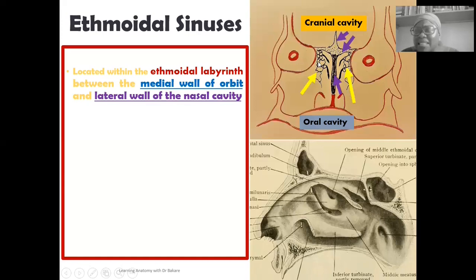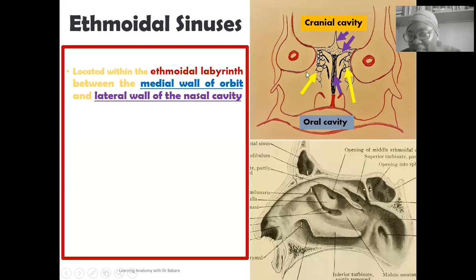And on the lateral side of the ethmoid bone, you have the ethmoidal labyrinth. So this is the ethmoidal labyrinth on this side, and this is the ethmoidal labyrinth on the other side. It is within this ethmoidal labyrinth that you have the location of the ethmoidal sinuses. You see it being sandwiched between the medial wall of the orbit and the lateral wall of the nasal cavity.